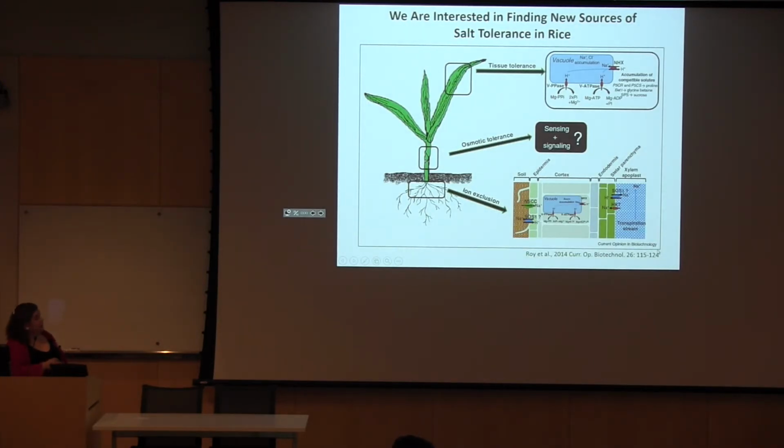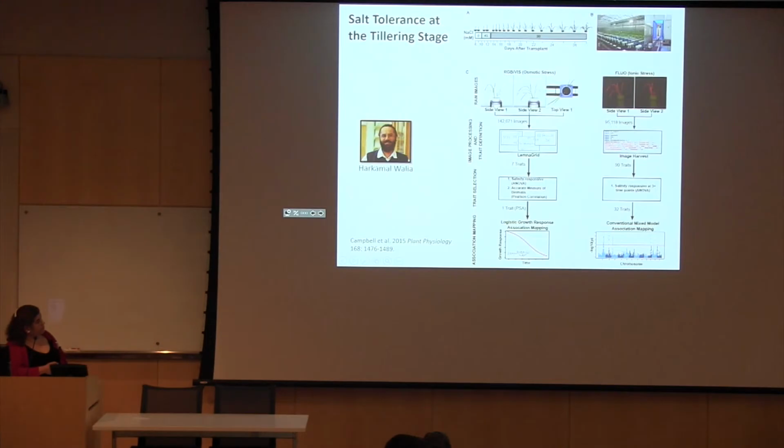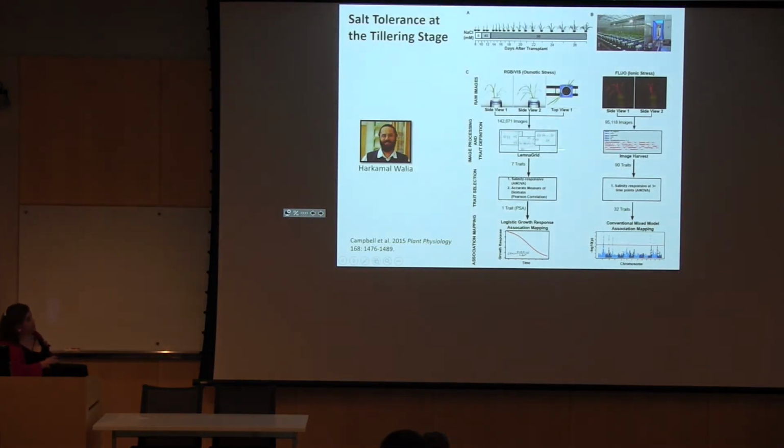We're going after tissue tolerance, not after ion exclusion, as the mode of action for salt tolerance. And the very beautiful work that Harkamal has done is he did all of this work at the Australian Plant Phenomics accelerator, and developed a pipeline for the visible images and a pipeline for the fluorescent images.